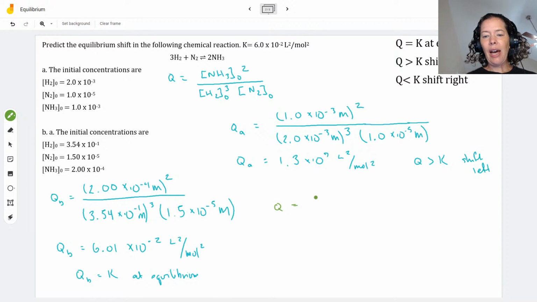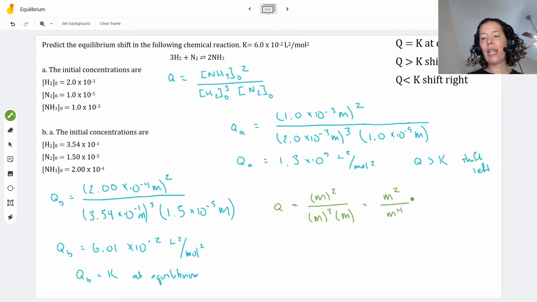That means we're going to have molarity squared in the numerator, and this is going to be over, remember this is cubed, so that's still measured in molarity cubed, and nitrogen is also measured in molarity. Okay, so this simplifies to molarity squared over molarity to the 4th, and again, remembering your rules for exponents, this is the same as 1 over molarity squared.